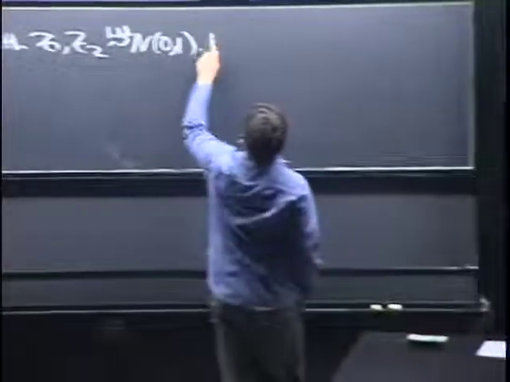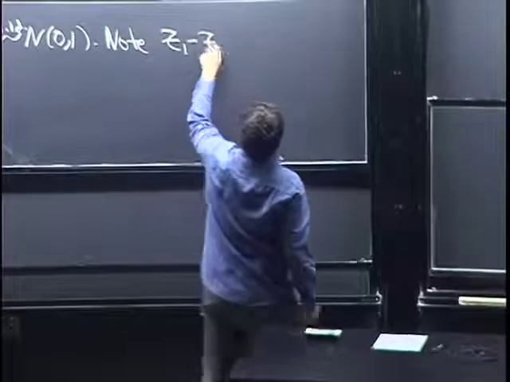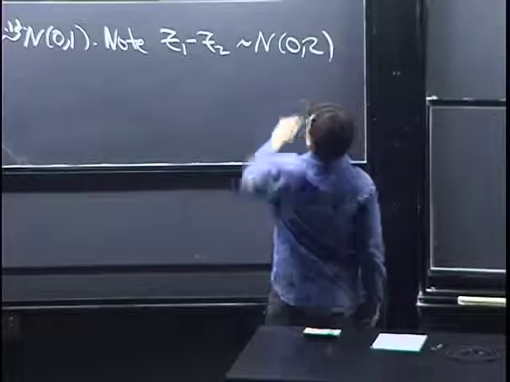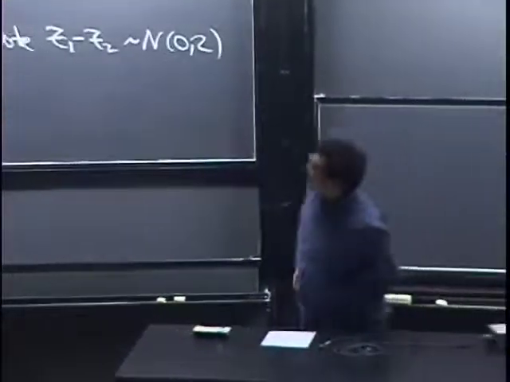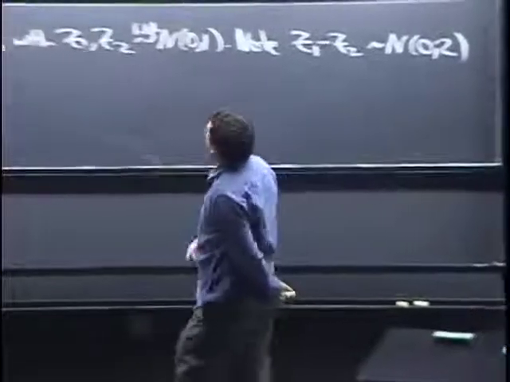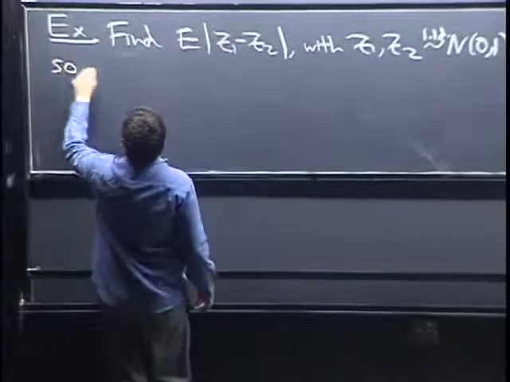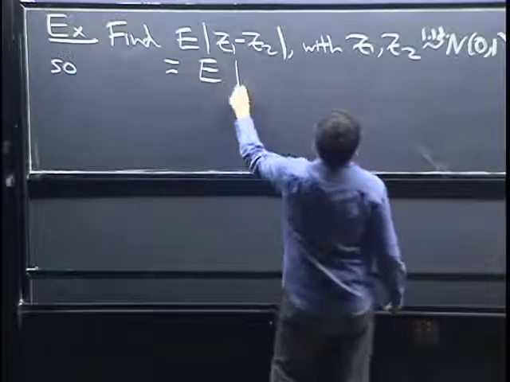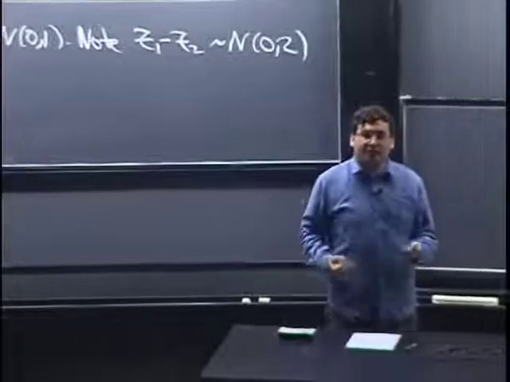Well, note that Z1 minus Z2 is Normal(0, 2). Just add the variances. So really all we're asking is for the expected value of the absolute value of, now when we see Normal(0, 2), let's again think of that as location and scale.